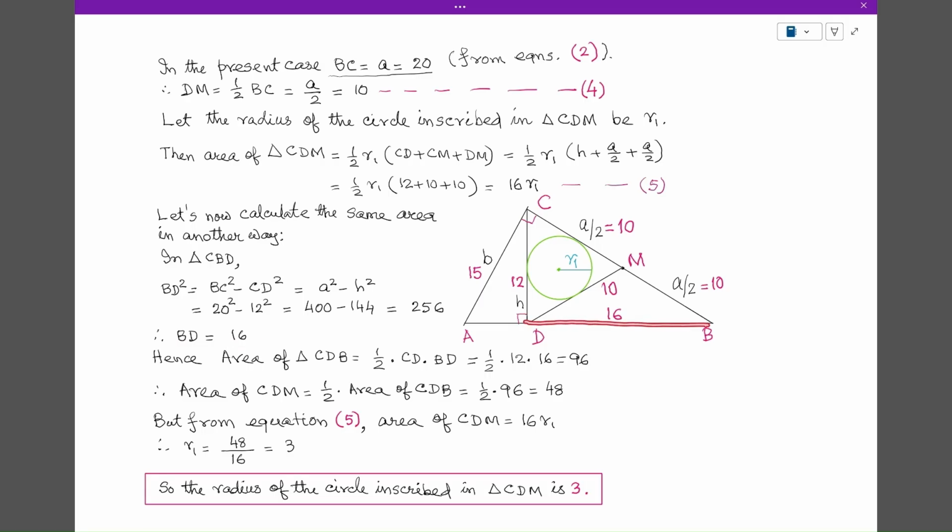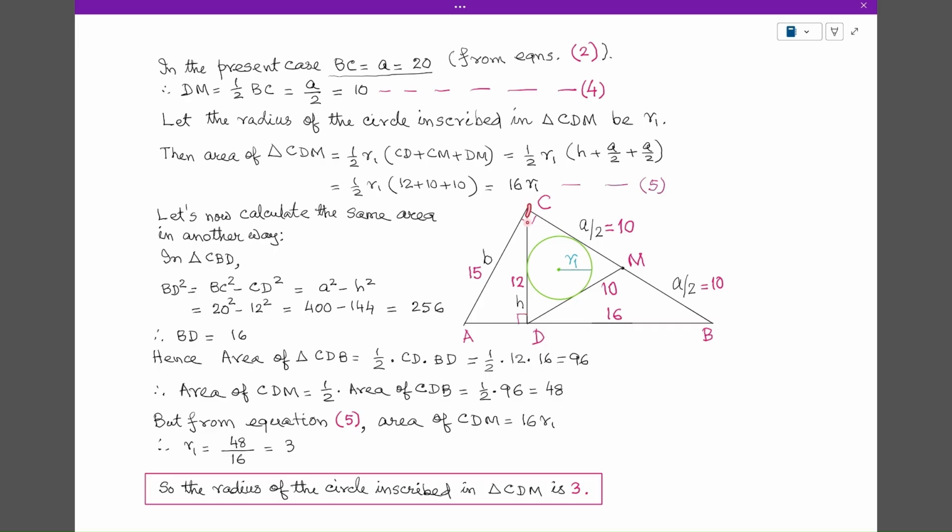Therefore, the area of this triangle will be half base into height. Half CD into BD, that is equal to half, CD or H is 12 and BD we have just now found out to be 16, and this works out to 96.